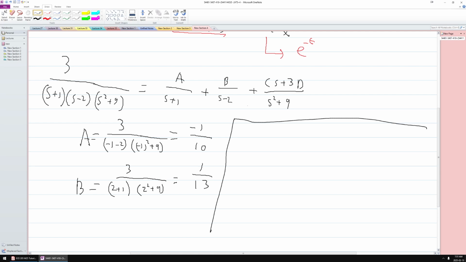We're going to use 3j because I like being positive. So we're going to get 3j times c plus 3d, that's just plugging it in here, is going to be equal to the left-hand side of the equation, when I plug in 3j and when I've removed the s squared plus 9 term. So I'm going to get 3 over 3j plus 1, 3j minus 2.